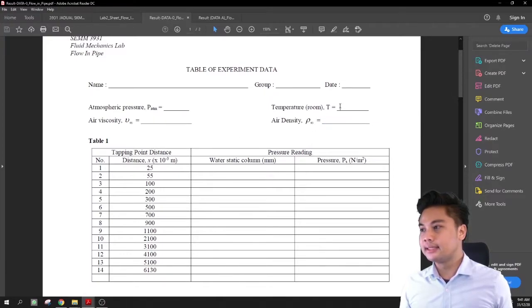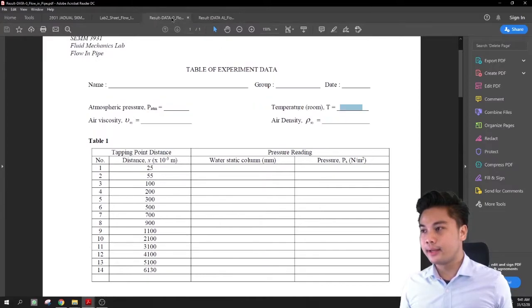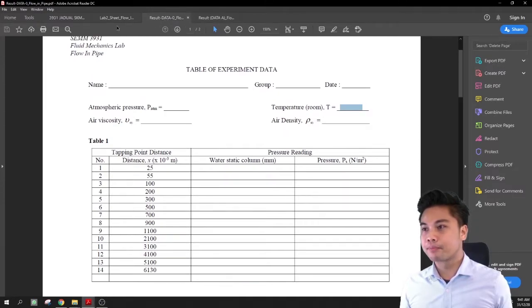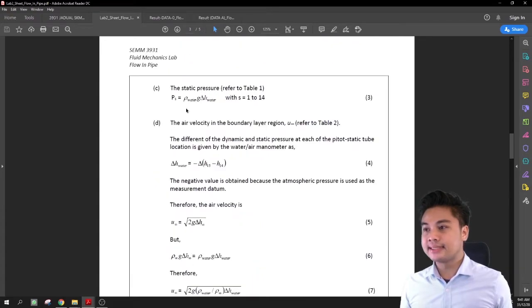This is the temperature at room condition, which we will give to you later on, as you can see in this example, 28. And the atmospheric pressure as well we will give to you in this value. So next is the static pressure.